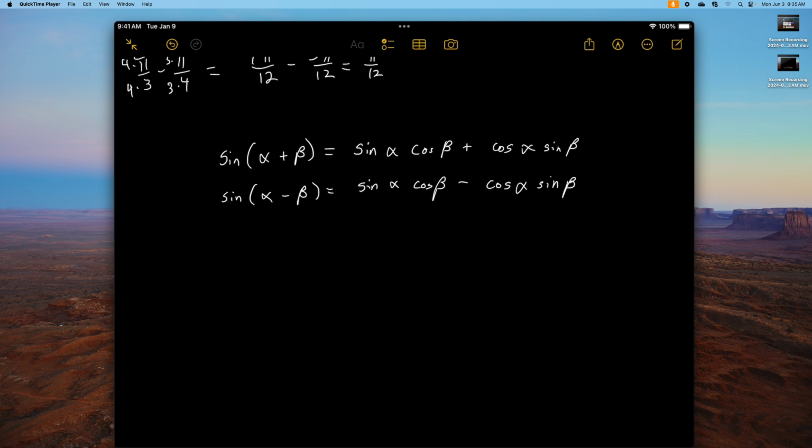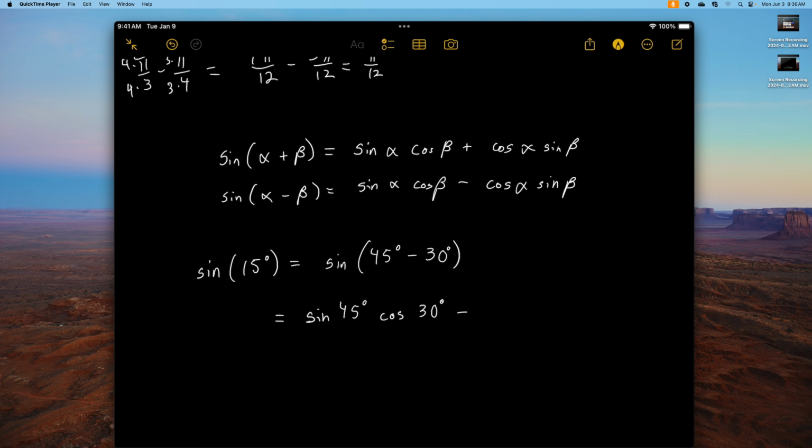Okay, so let's do an example. Let's say we want to do sine of 15 degrees. The simplest one you could probably come up with is 45 degrees minus 30 degrees. So that would be sine of 45 cosine of 30.